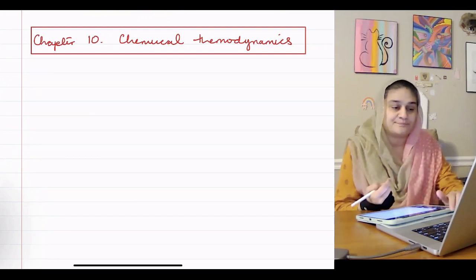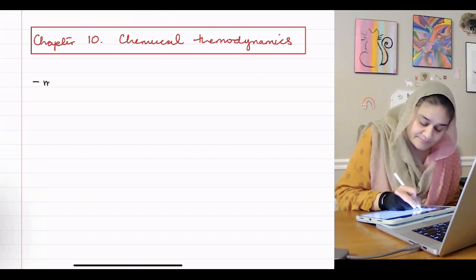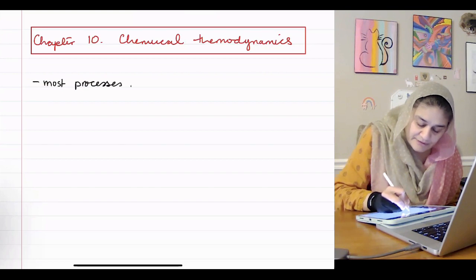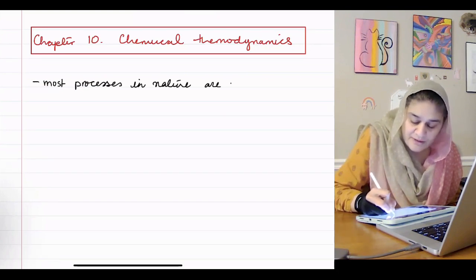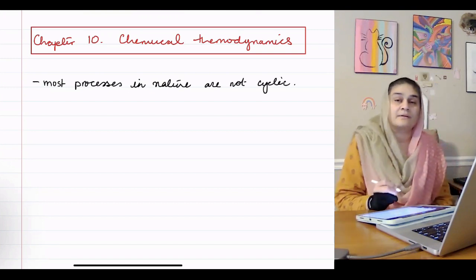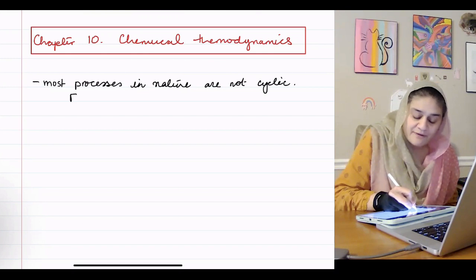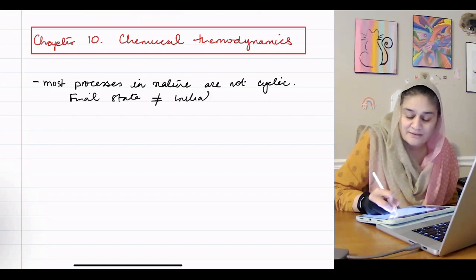of matter. So most processes in nature are not cyclic, which means their final state is not the same as their initial state.